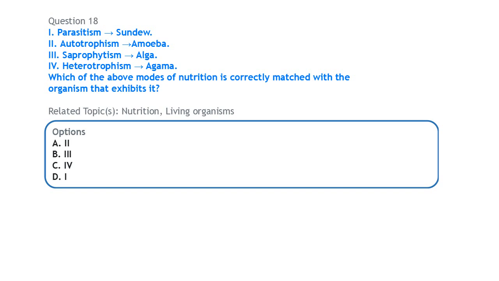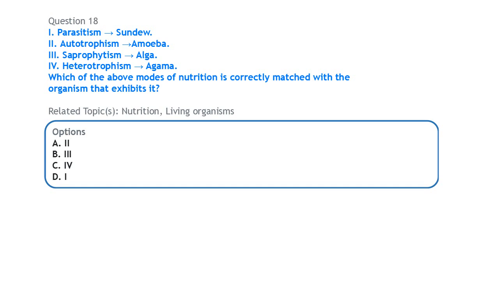However, the sundew is a plant, and green plants generally are autotrophs, meaning they are able to manufacture their own food by photosynthesis. So yes, we can say the sundew is parasitic to the insect, but it is not the primary way by which this organism gets its food.